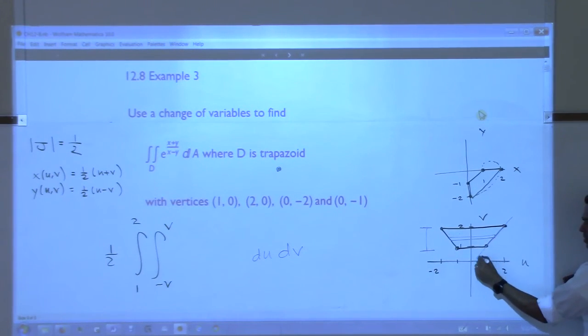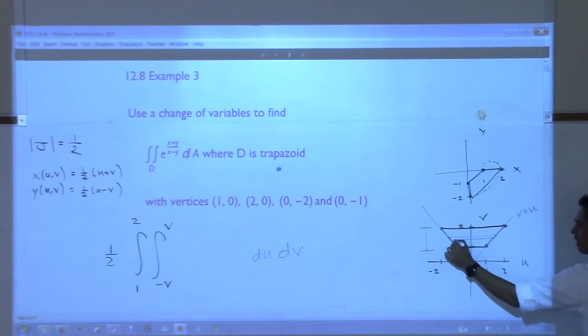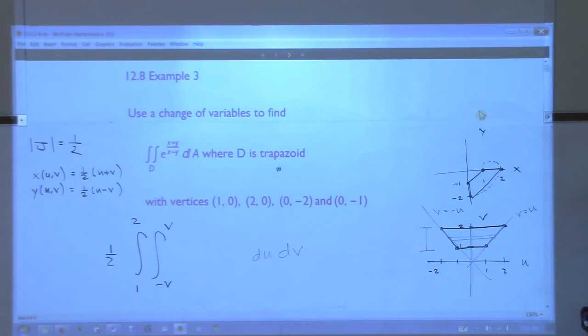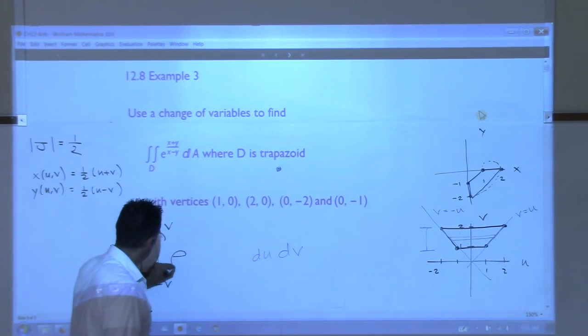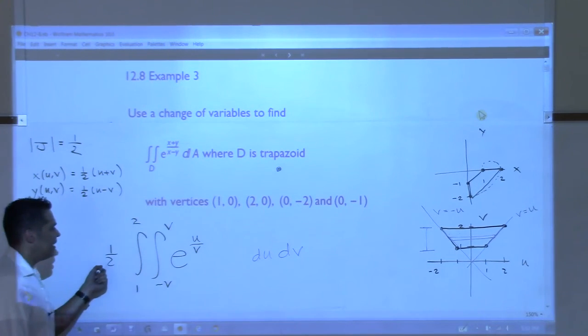This has the equation v equals u, but I need to solve it for u. So u equals v. This one has the equation v equals -u, so I need to solve that for u, so I get -v. Left bound, right bound. Okay, what's the integrand? e to the u over v. And I already have the 1/2, that's it.